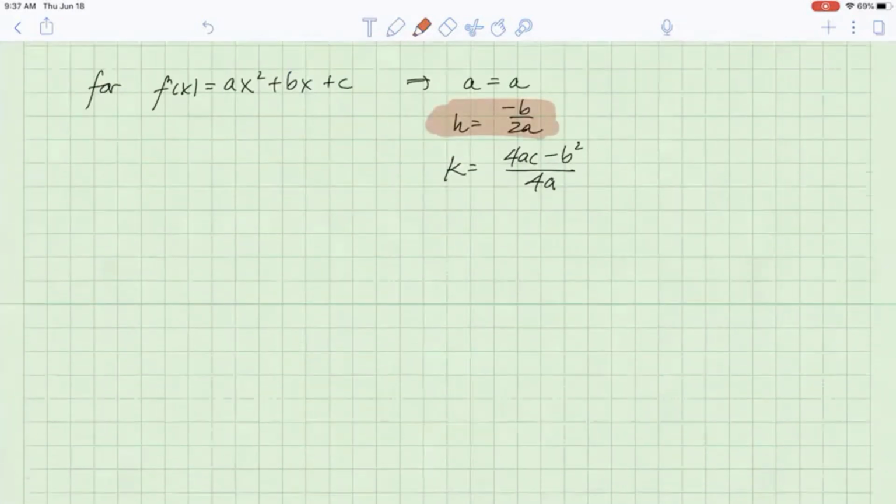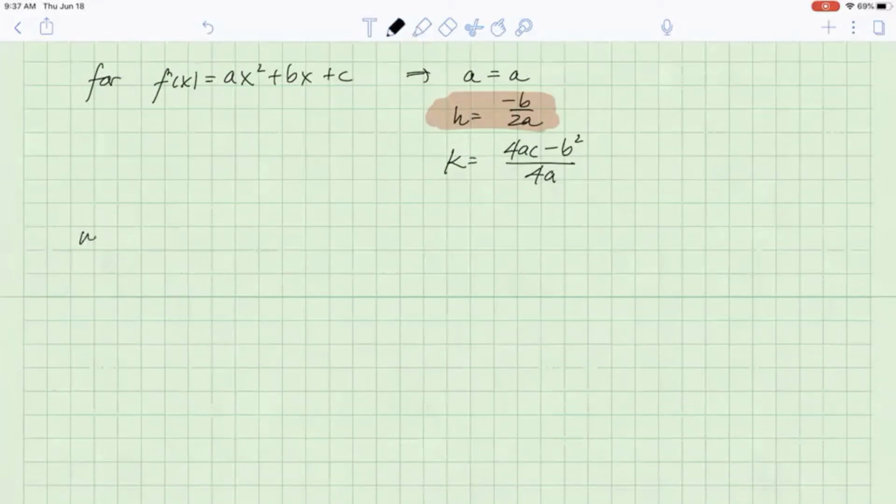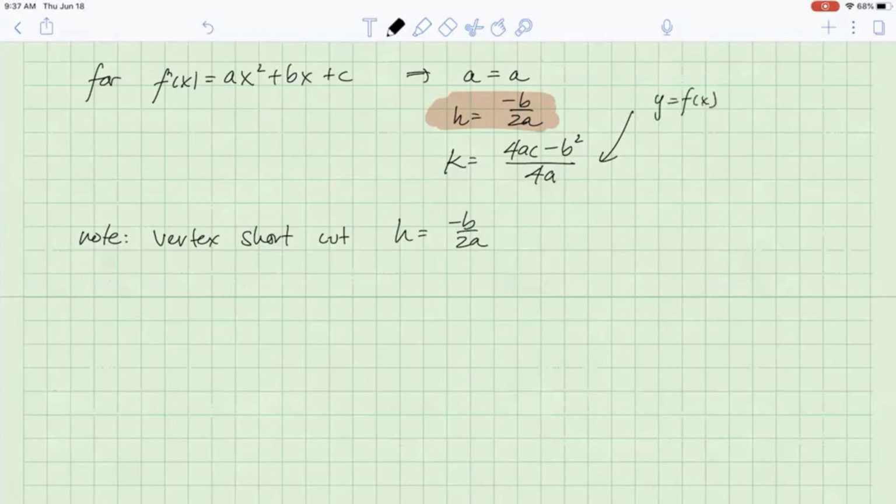So we would note that this is the vertex shortcut. That is to say, h is negative b over 2a. Now, instead of memorizing this formula, k equals 4ac minus b squared over 4a, which you can memorize, this is also the y value for y equals f of x.